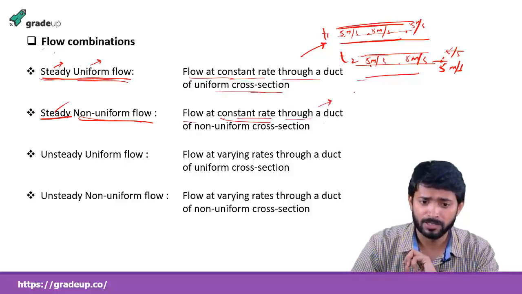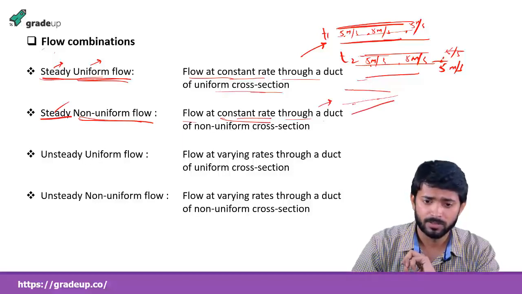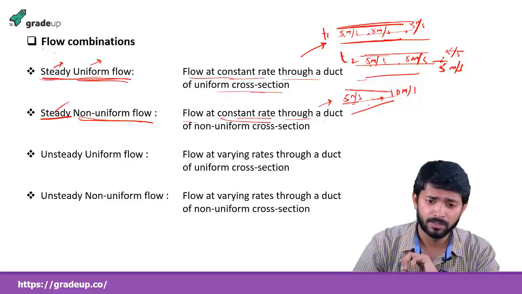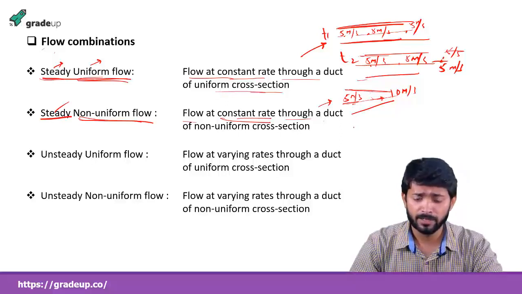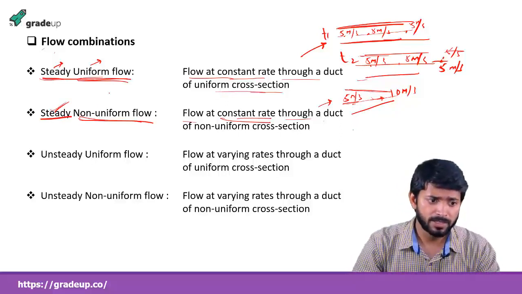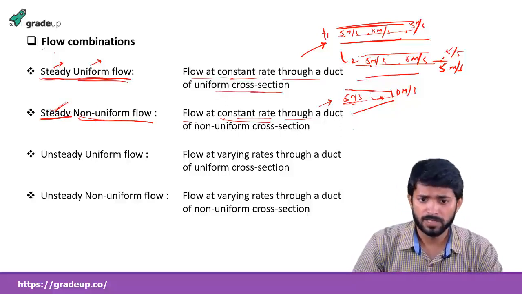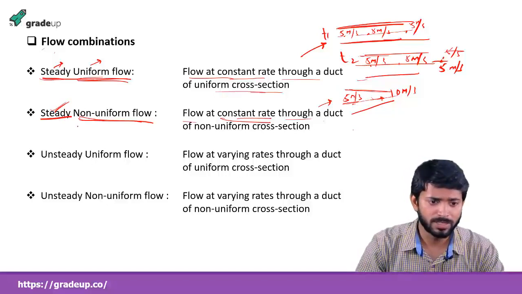Here the velocity will be increasing: if it is 5 meter per second here, it may be 10 meter per second here. If this condition isn't varying with time, it means it is steady, but obviously it is not uniform. So it is a condition of steady non-uniform flow.